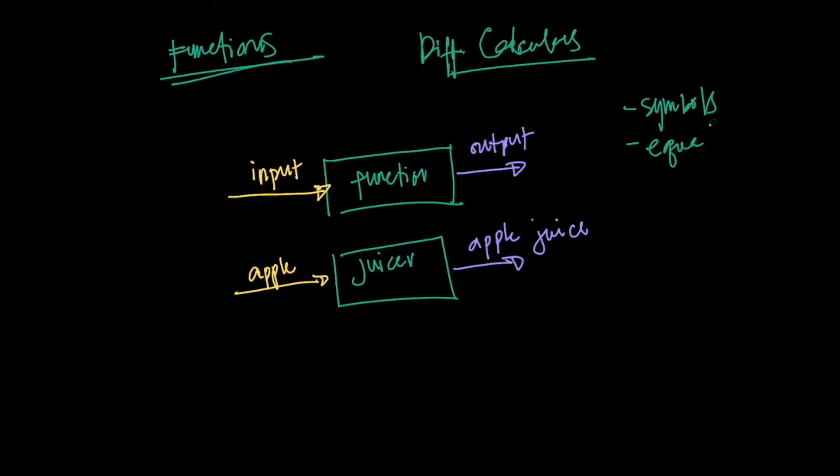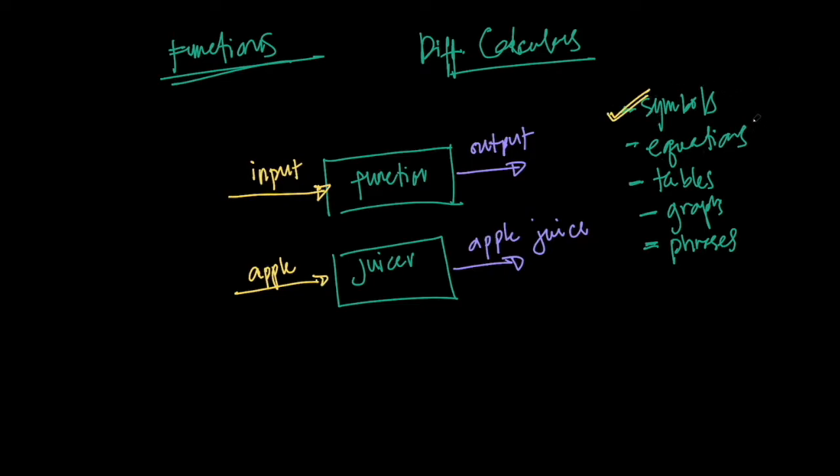We can also represent it with tables, or in tabular form, or in graphs, or in graphical form, or even with words, or we can say phrases. So we have symbols, equations, tables, graphs, or phrases. These are just a few of the examples that we can represent a function with.